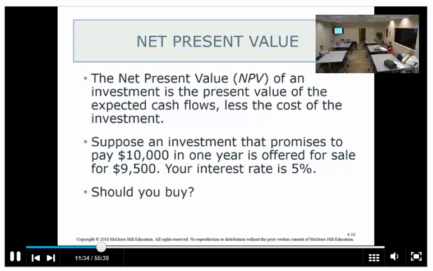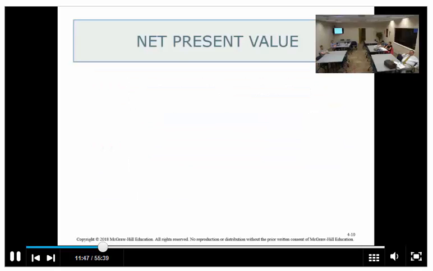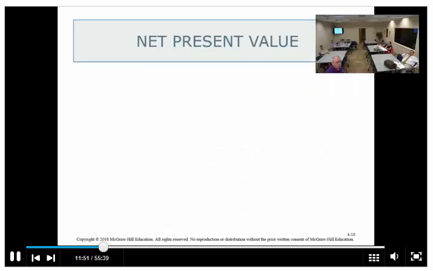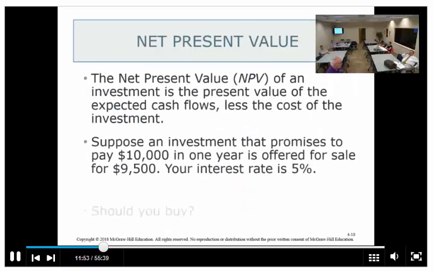Okay, should we buy it? Now, keep in mind we just calculated that the present value of the $10,000 was, I can go back to it, $9,523.81.